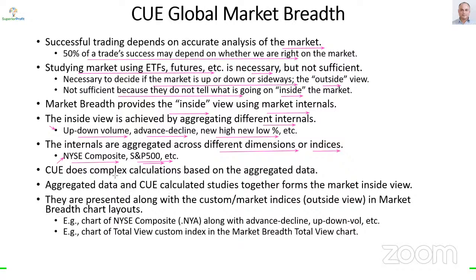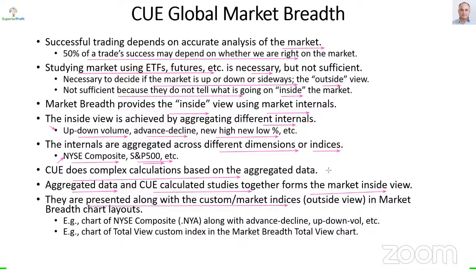And once the aggregations are done, Q does some more complex calculations based on the aggregated data. Both the aggregated data and some of the Q calculated studies together forms the market insight view. They are presented along with custom indices or market indices.